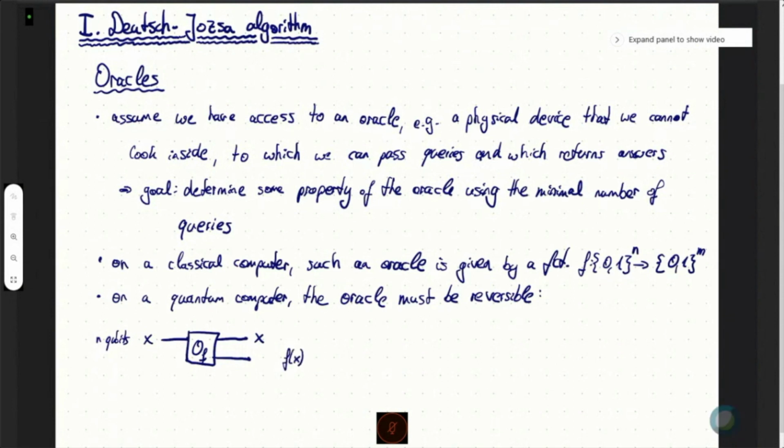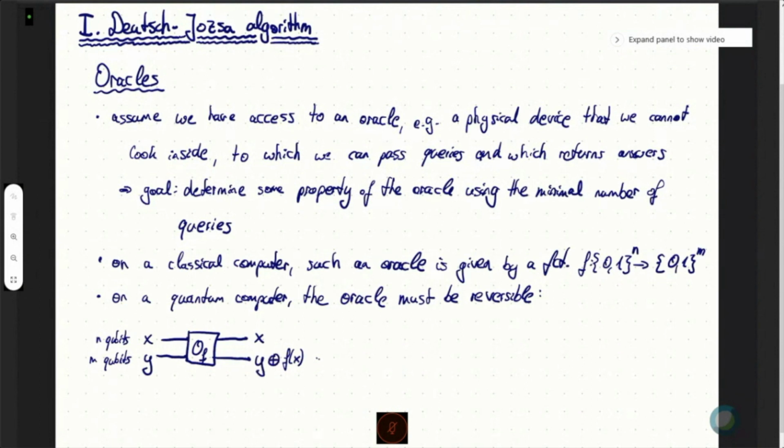So if we have m qubits on the bottom as outputs, then we also need to have m additional qubits as inputs, which we call the ancilla qubits. And then as outputs, we get y plus f of x.